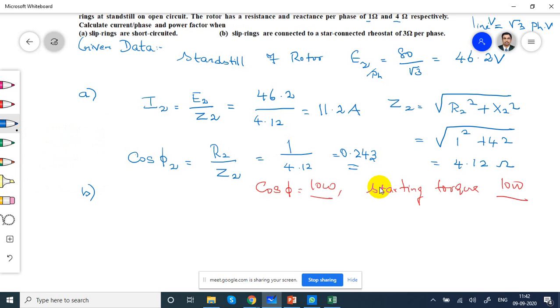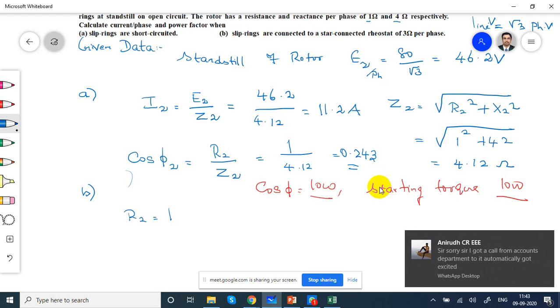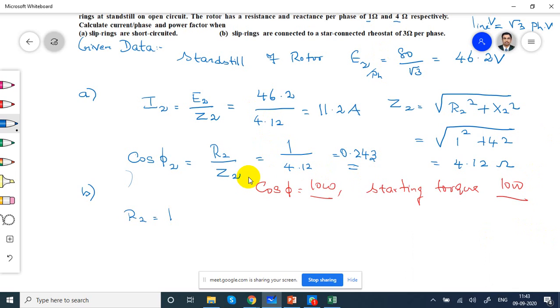For that we connect a star connected rheostat of 3 ohms. So star connected rheostat means R2 is already 1 ohm, we know. Now we have to add an additional 3 ohms.